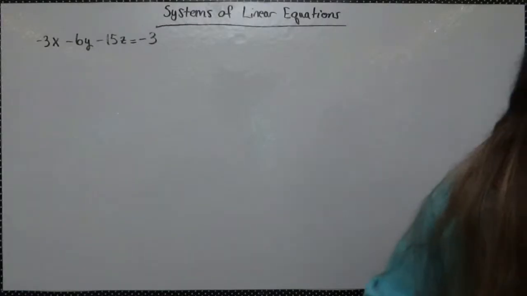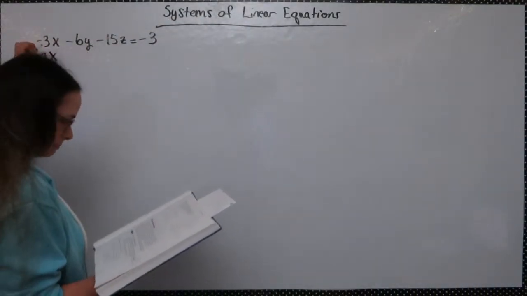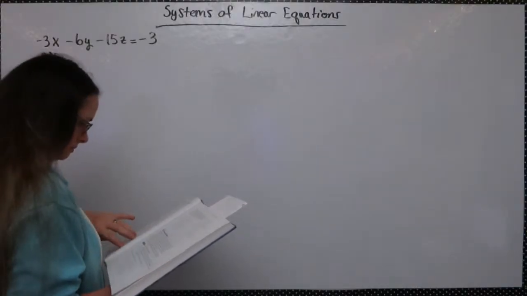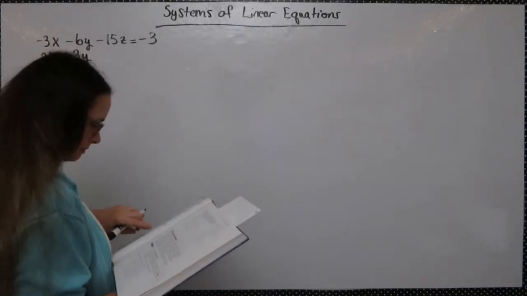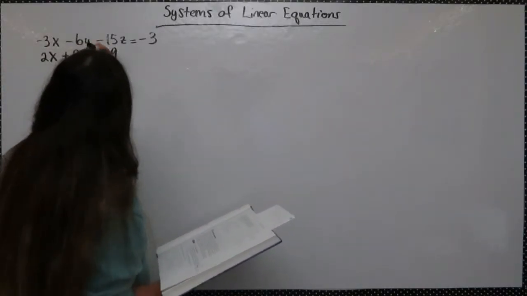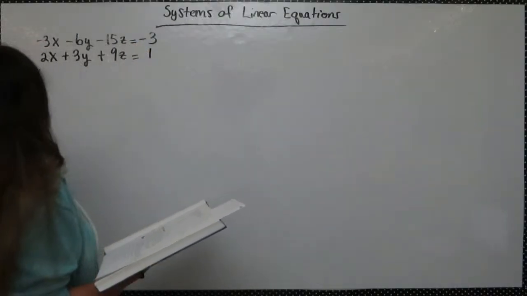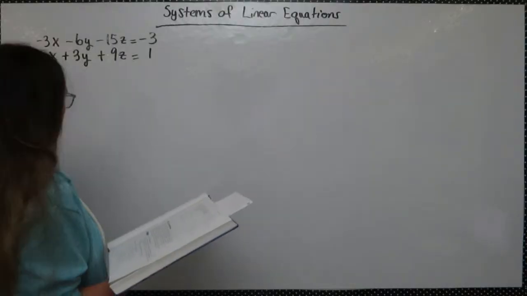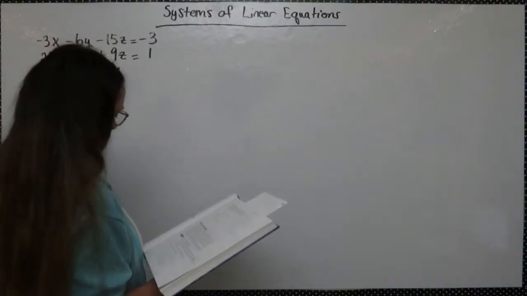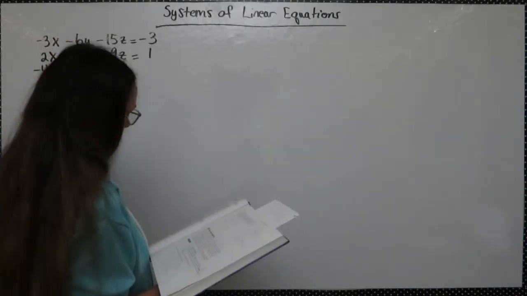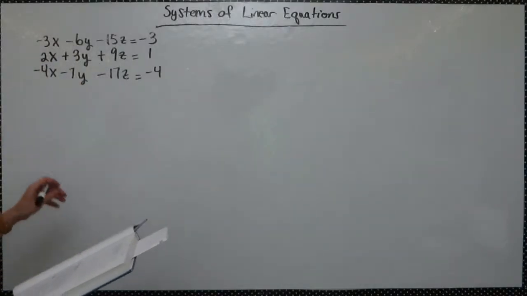We have 2x plus 3y plus 9z, and this is equaling 1. We got -4x minus 7y minus 17z, and that equals -4. And we'll just double check real quick to make sure we have them all written correctly.